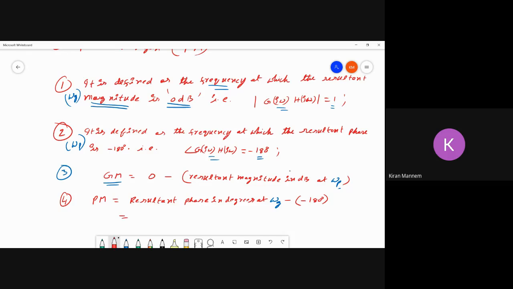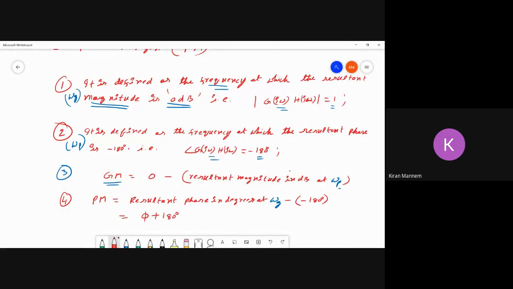Or I can write it as this would be. So what is the resultant phase angle at gain crossover frequency? I can say it would be, let us say, phi plus 180 degrees.